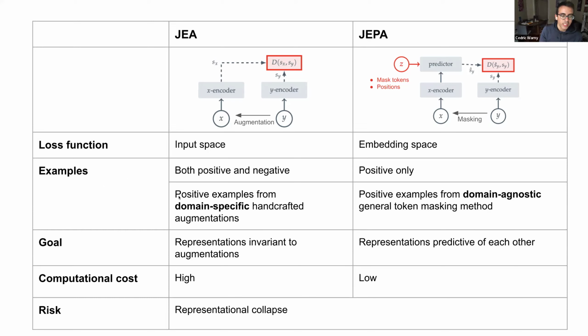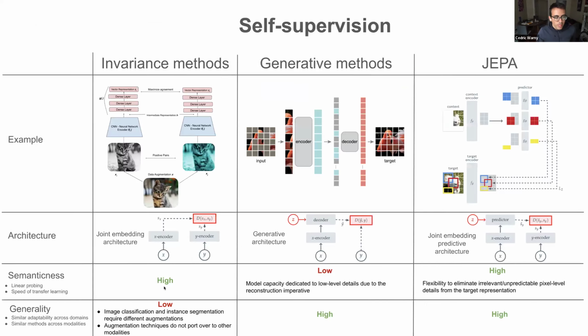Another thing about the examples is that the positive examples come from domain-specific handcrafted augmentations. That's what I meant when I said that some augmentations work better when the downstream task you're targeting is image classification. But if the downstream task is more instance segmentation, then you're going to use different types of augmentations.